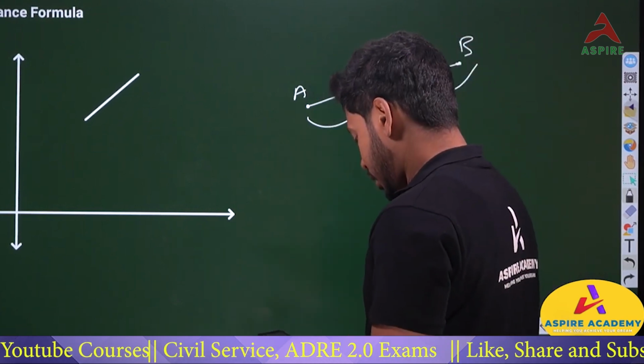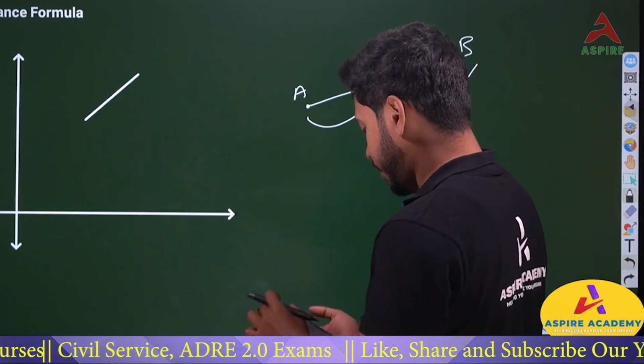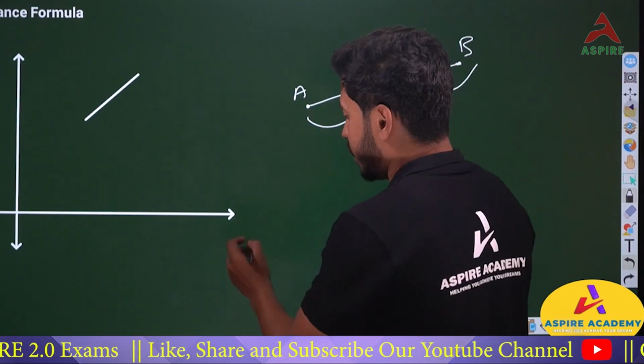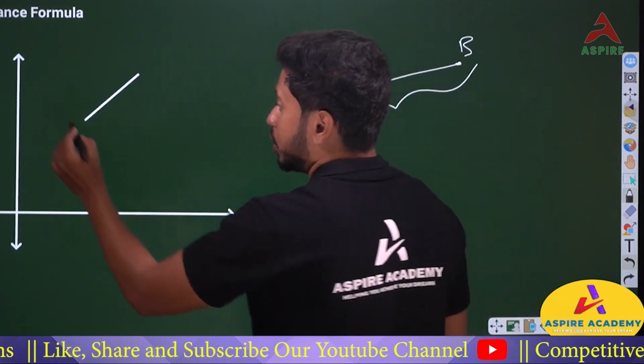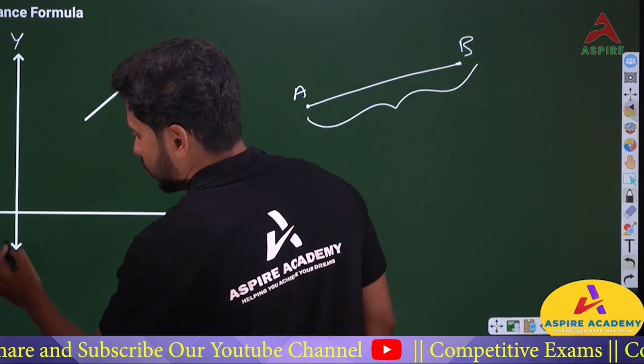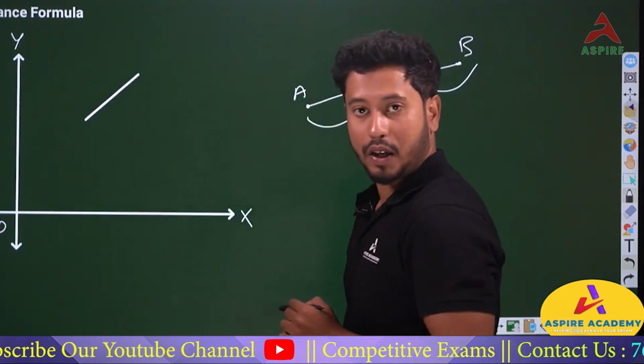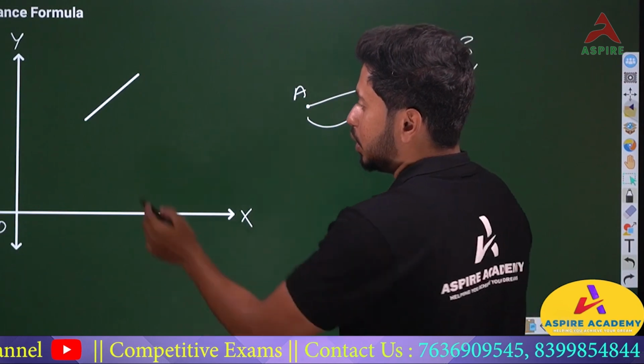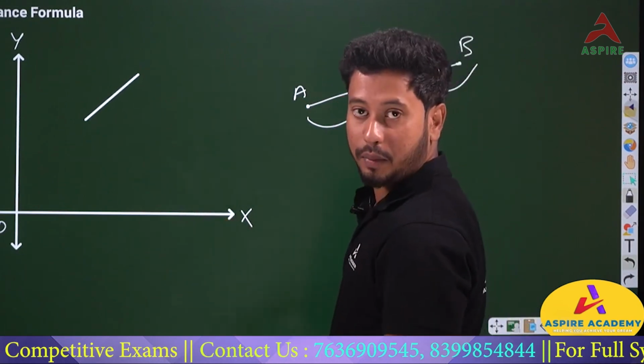So now here this is a graph, right? This is the x axis, this is the y axis, and this is the origin. Here I have drawn a line segment.